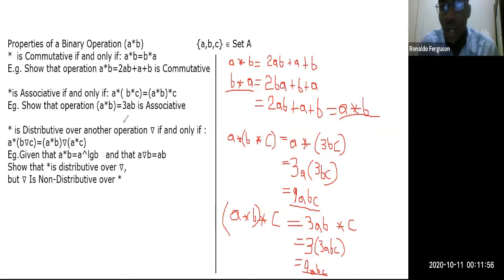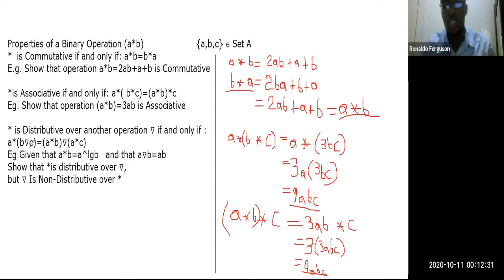Now the next thing to look at is to determine if a binary operator star is distributive over another operation. In this case, it's delta. Now a binary operator star is distributive over a second binary operator delta if A star B delta C works out to be A star B delta A star C. That's the only time a binary operator is distributive over another.